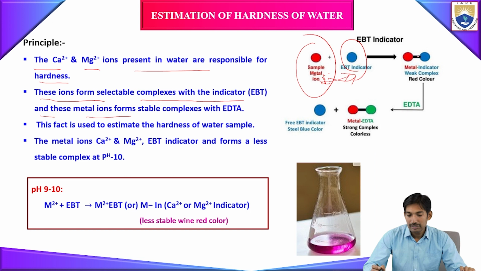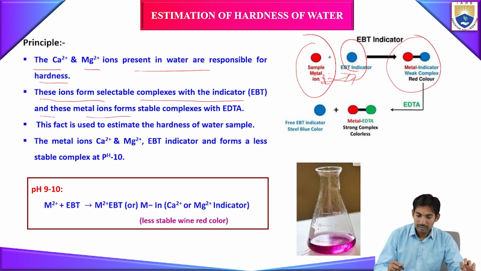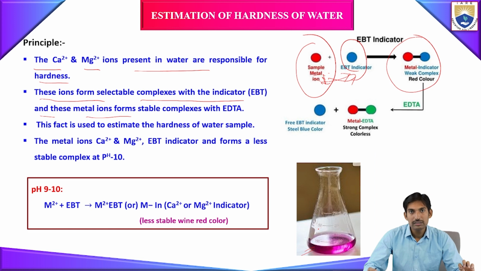It forms a metal-indicator weak complex. The complex between the calcium and magnesium salts and the EBT indicator is a weak complex. The color of this weak complex is wine red. See, this is the color of the calcium and magnesium EBT indicator complex.